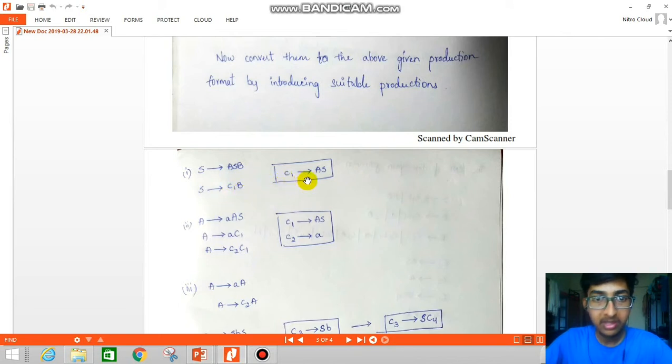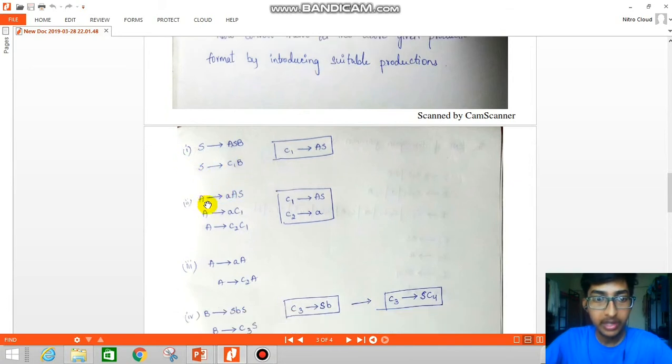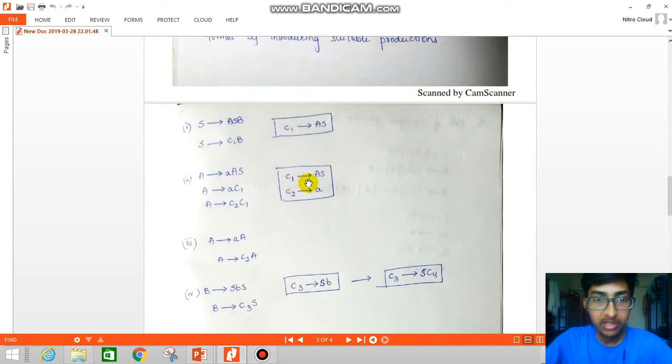So we'll take C1 as AS. So this is in the form of Chomsky normal form, a variable followed by 2 variables. Now take A defines AAS, which is C1 AS. In place of AS, substitute C1.